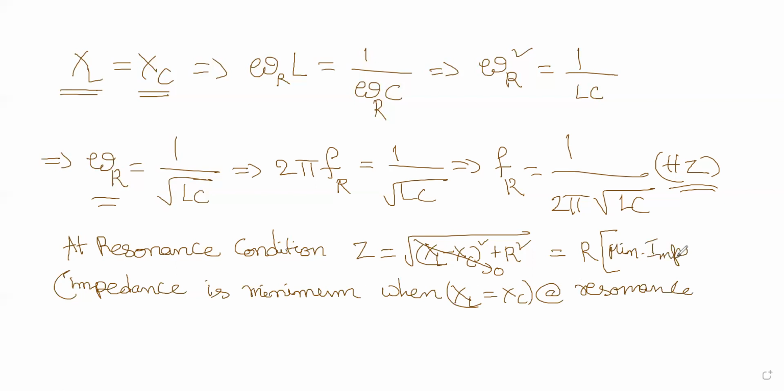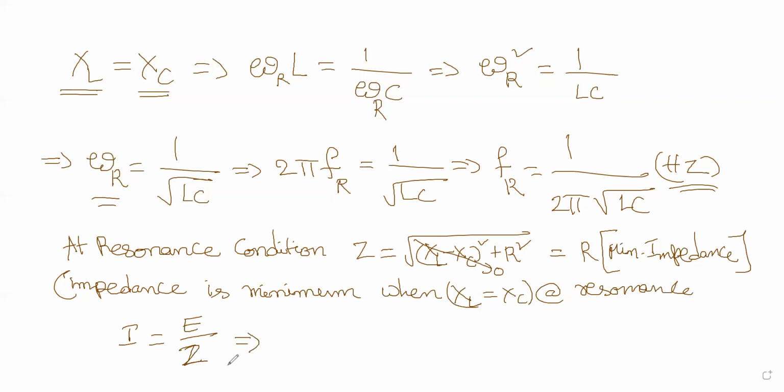And the second condition, I is equal to E by Z, right? Current is voltage by impedance. Impedance is also like a resistance.